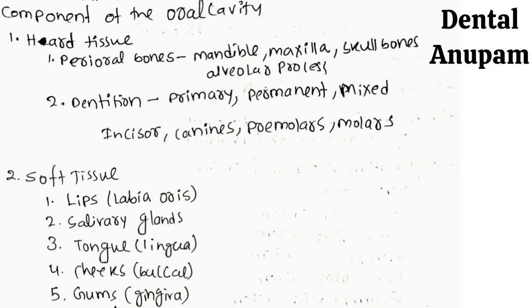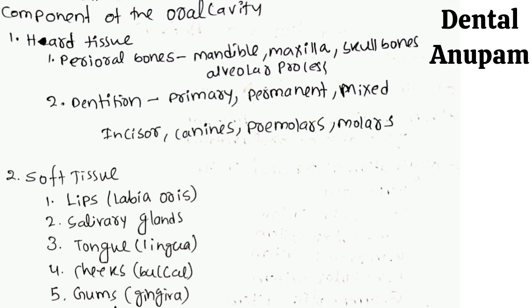In each arch, there are 4 molars in primary dentition and 6 molars in permanent dentition. The morphology of every tooth in both jaws is unique and numbered. This is discussed in detail in the chapter on tooth morphology.